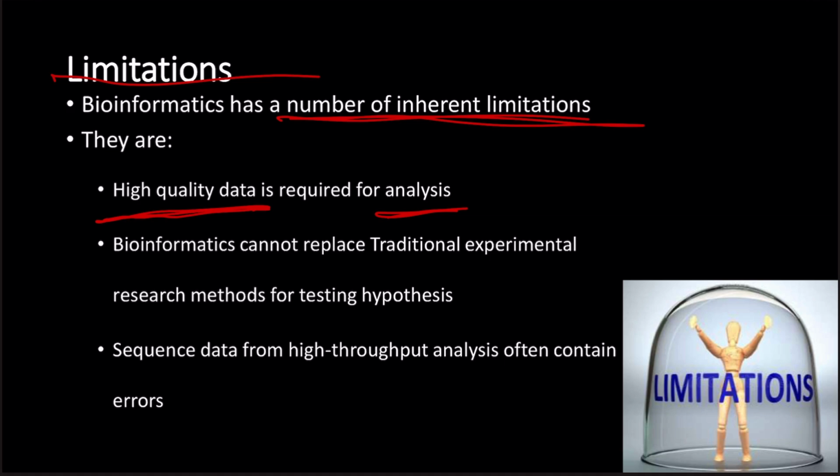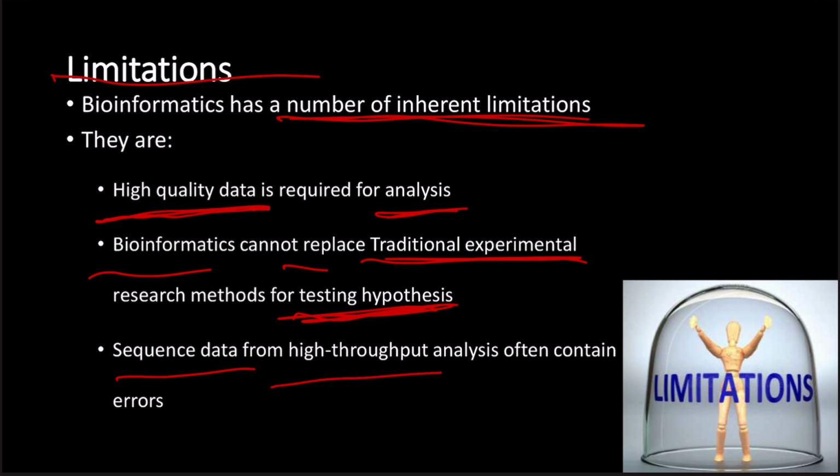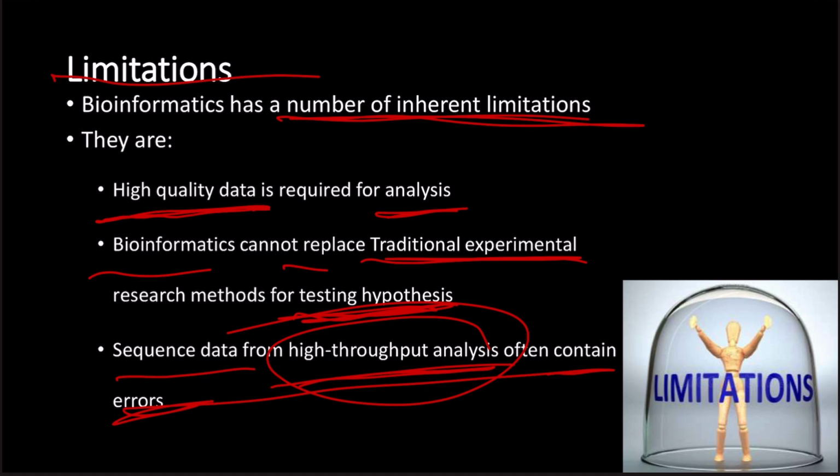Next is, bioinformatics can never replace the traditional experiments which we use for testing the hypothesis. Thirdly, the sequence data which we obtain from high throughput analysis can obviously contain some errors, and if we do the downstream analysis of the data obtained from this high throughput analysis, then those results will also have errors, so it leads to an increase in the chance of errors.